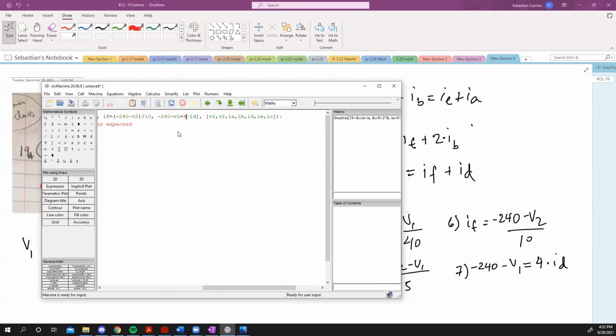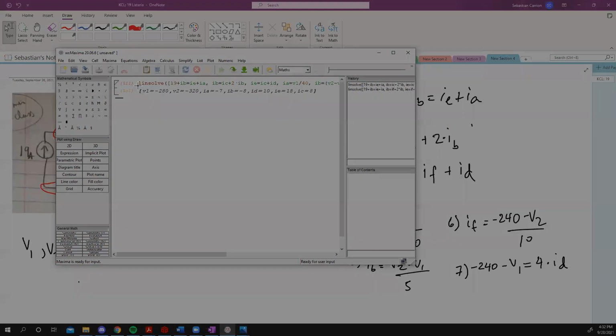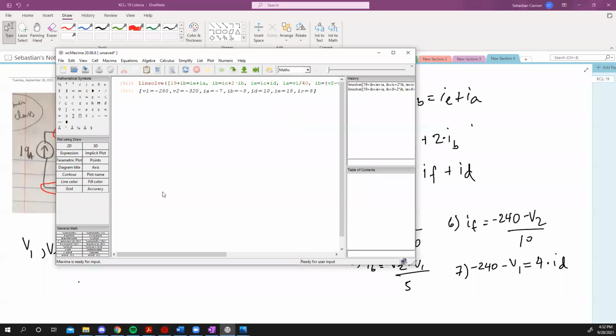And there's one on the left. He did say that VA was negative 280, which is our V1. I think you named it as V1. And then he said ID was 10A. So you got that as well.